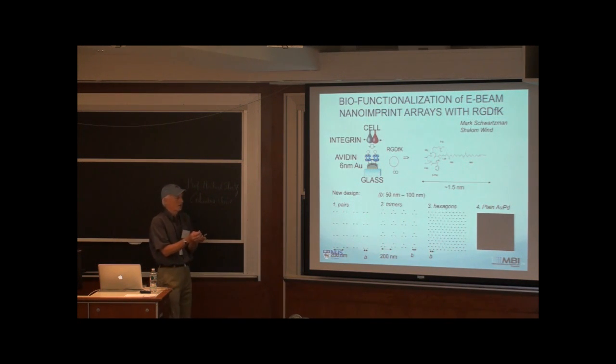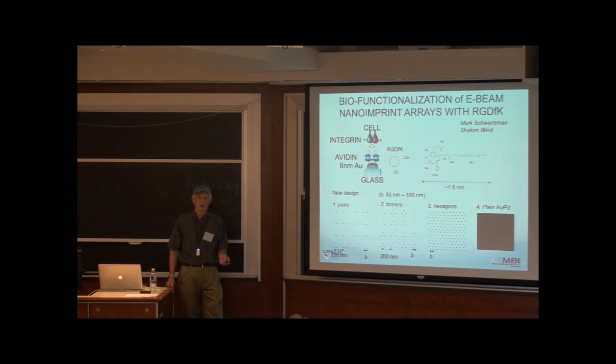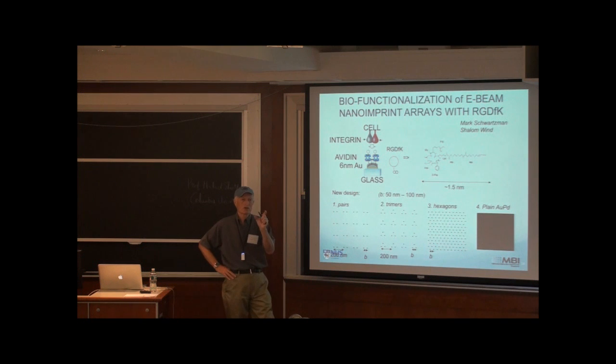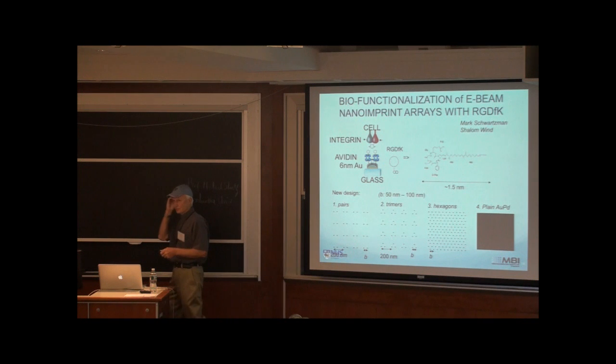And then you use reactive ion etching to remove the diblock copolymer, and you're left with an array of gold dots to which you can affix a biotinylated self-assembling monolayer, and then you can add avidin, and then you can add biotinylated RGD here, and the cells will spread on those if the dots are spaced by 60 nanometers or less from one another. But when they are greater than 60 nanometers, there's an abrupt loss of adhesion to that surface.